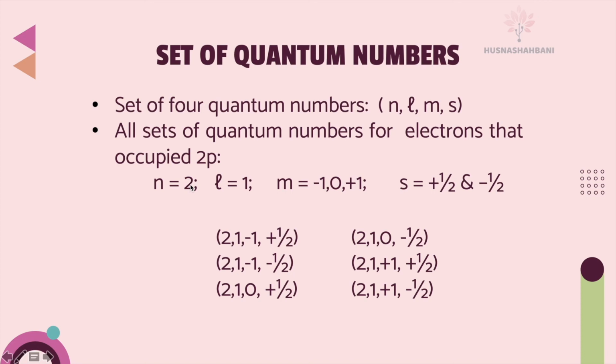We start with 2, 1, n, L, m. Our m, you start with negative 1, positive half, and then 2, 1, still negative 1, negative half. And then carry on with 0: 2, 1, 0, positive half, and 2, 1, 0, negative half, and then 2, 1, positive 1, positive half, 2, 1, positive 1, negative half. So for 2p, we have a total of 6 sets of quantum numbers.